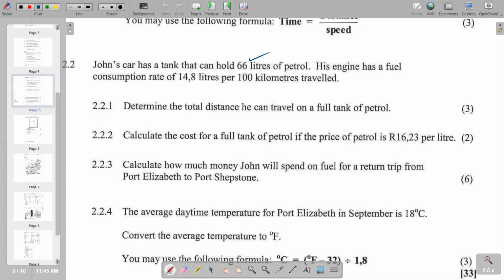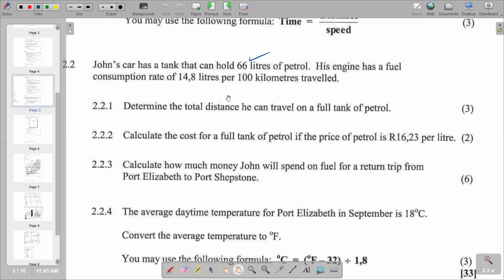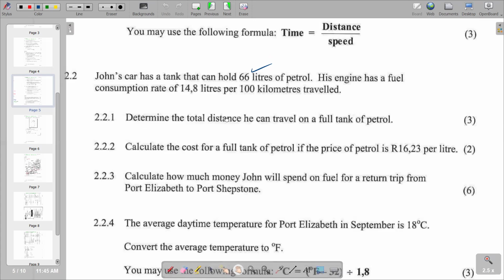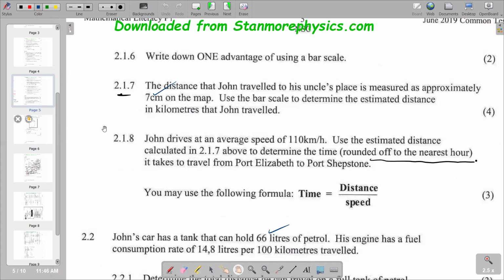We know that we did calculate the kilometers from Port Elizabeth to Port Shepstone. We can refer back to our calculations.